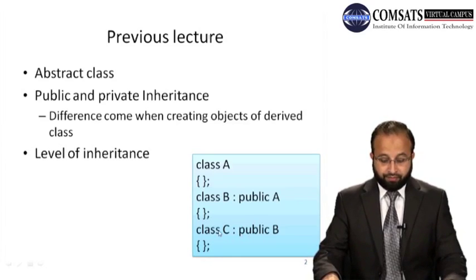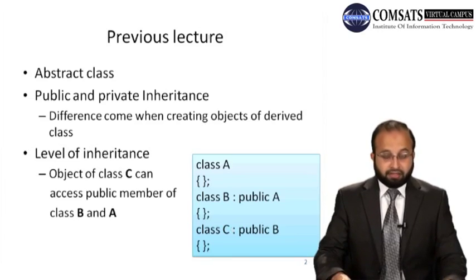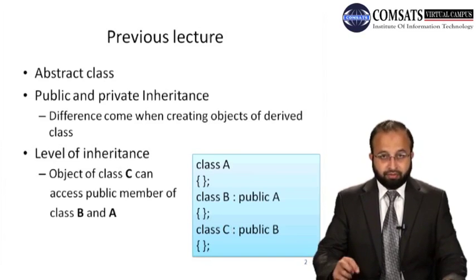Here class B is the direct base class of class C, A is the direct base class of B, and class A is the indirect base class of class C. So an object of class C can access public members of class A and B because the type of inheritance is public.